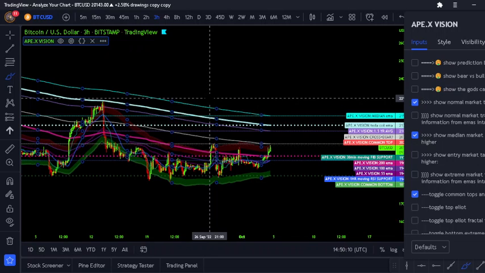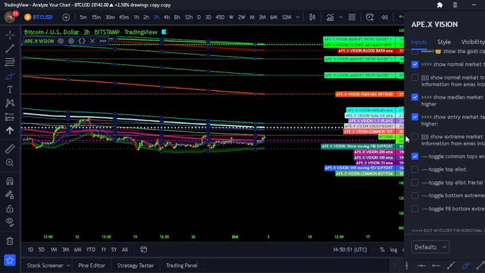So moving on from that, because I don't have a lot of support to show you on here, I don't want to flip around on the chart. So we can go ahead and turn off the common bottom, common top. Alright.